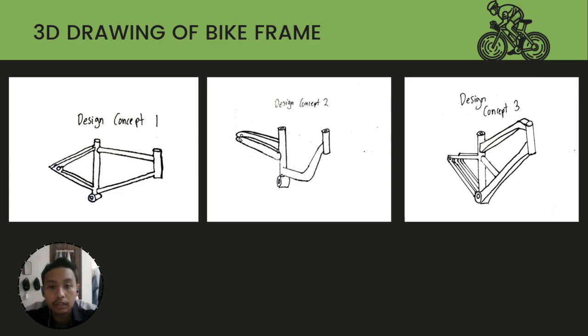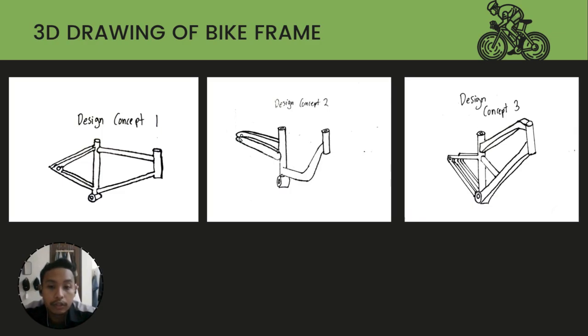This is the 3D drawing of the bike frame that we compiled. Design concept one is the first project we used to present to the doctor, but the doctor said it was simple, so we elaborated more into three design concepts. In design concept two, the handlebar frame is much lower, so we applied more force to it.